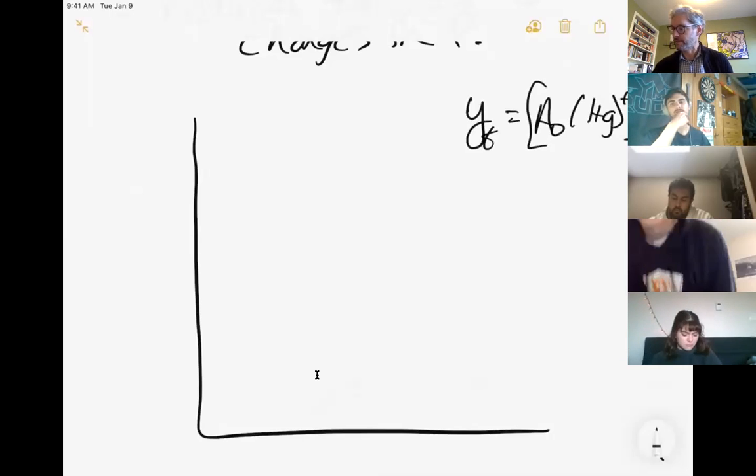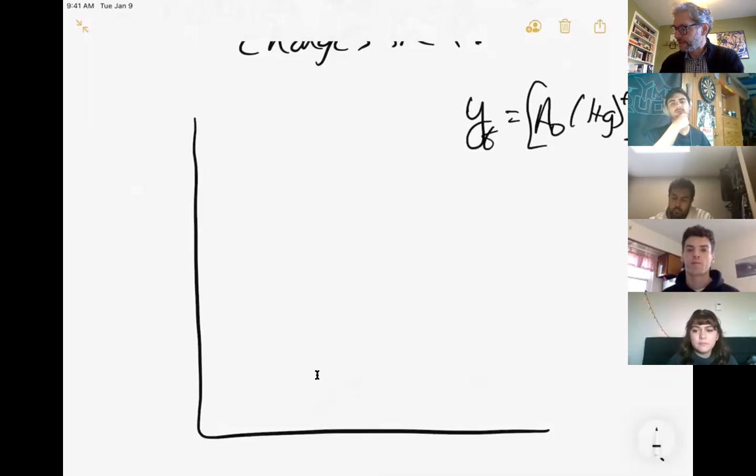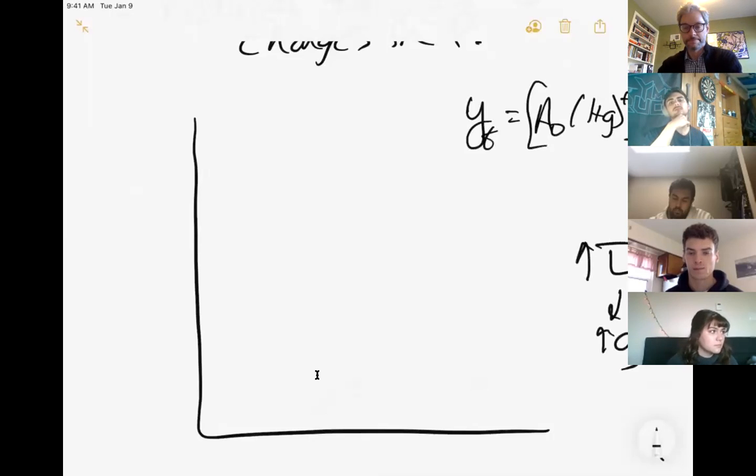Okay, there's our production function. Now let's say that there's, for instance, an increase in population, that increases G, right? What happens in this model now?